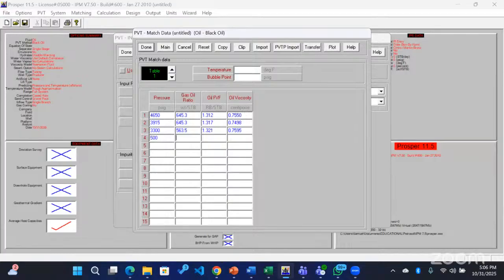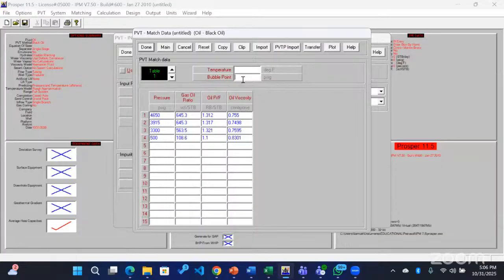500, 108.6, 1.1, 0.8301. Ideally, we have more than these pressure points from our differential liberation experiments. However, let's just stick with this one for the purpose of this demonstration.